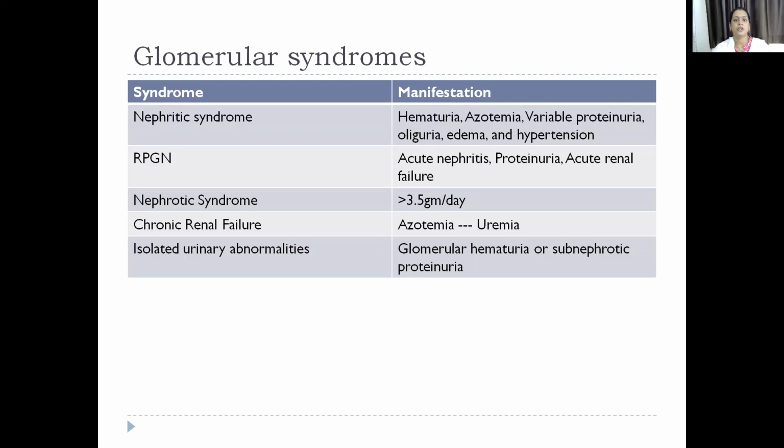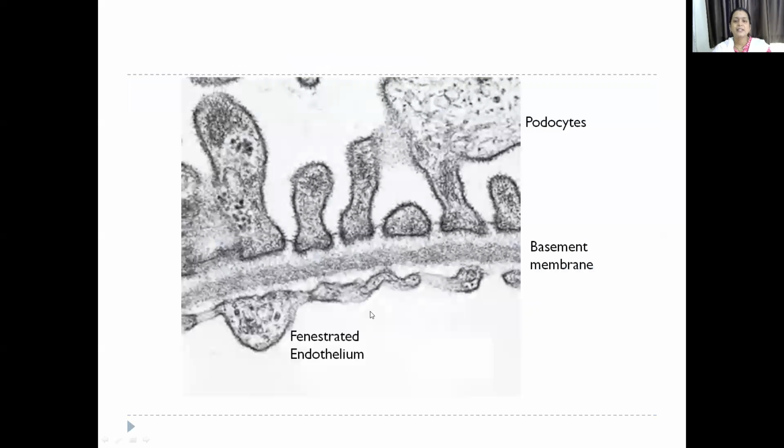It just progresses to uremia and to end-stage renal disease, finally, where less than 5% of the GFR is just being there. So isolated urinary abnormalities, that is glomerular hematuria or subnephrotic proteinuria. So this is about the glomerular syndromes which are associated with the primary and secondary glomerular diseases.